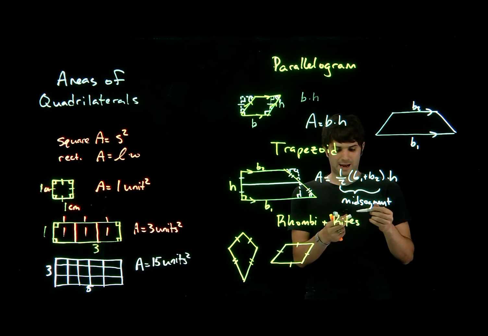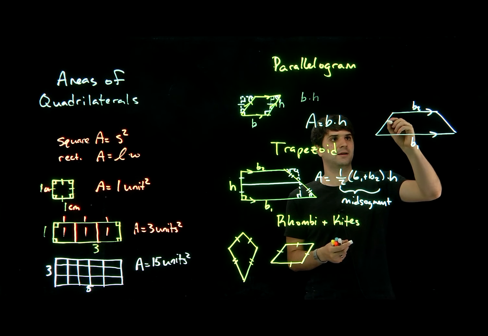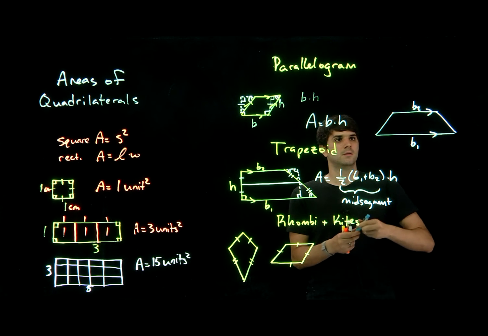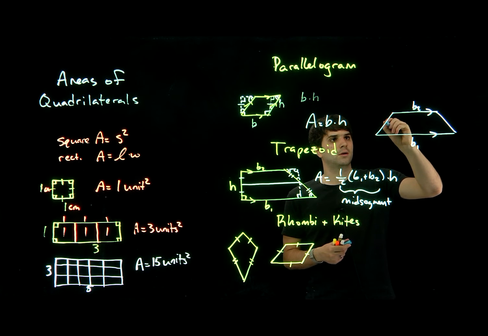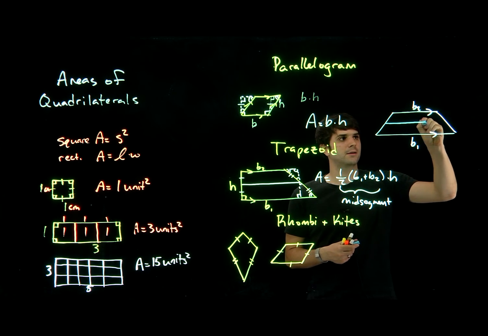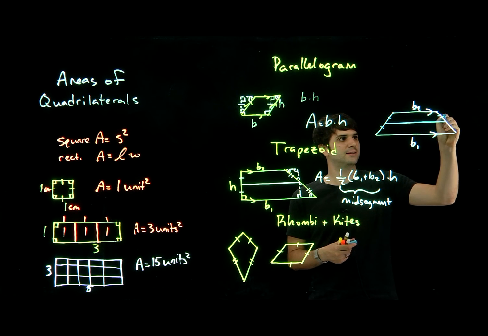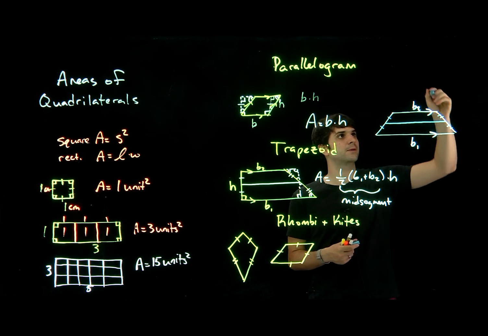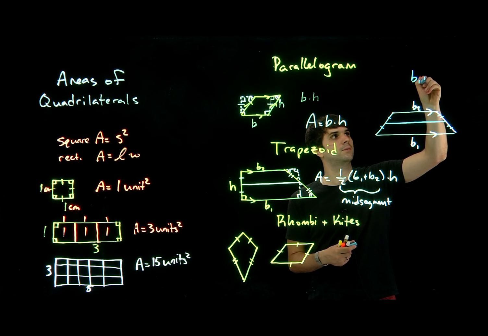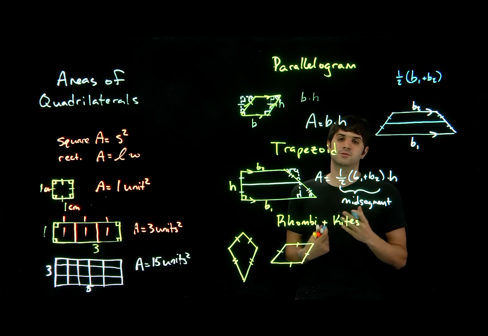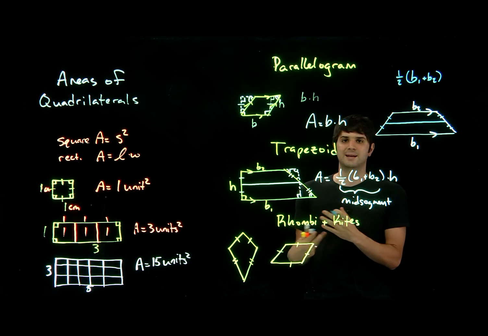Now using the same logic, I want to find the mid-segment. Let me use a different color here. The mid-segment says that it's going to divide these in half. So that mid-segment is base 1 plus base 2 times 1/2. And again, this all stems from the trapezoid mid-segment theorem.